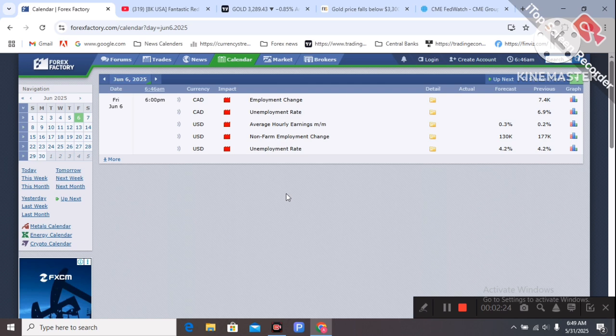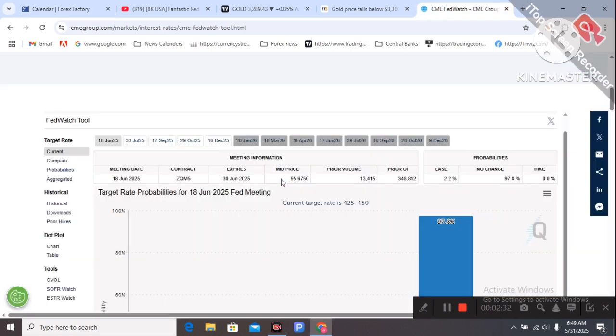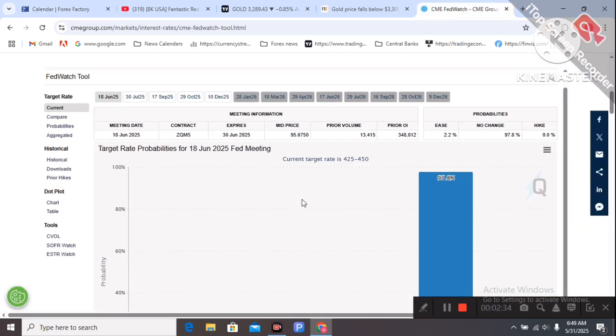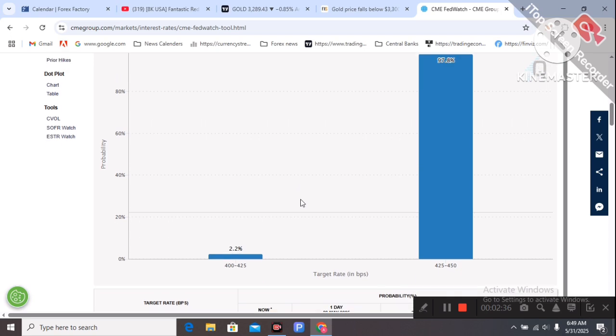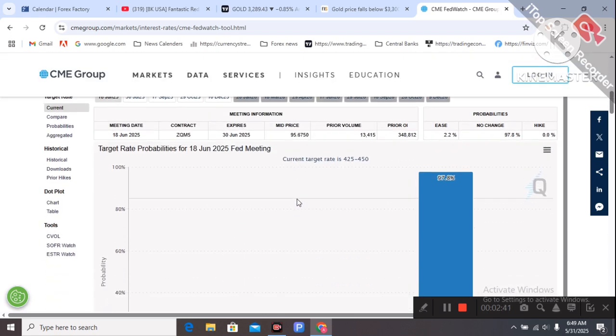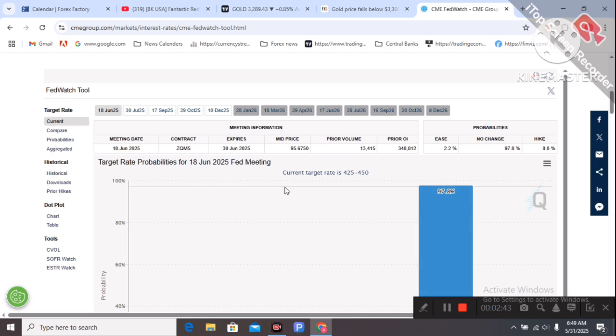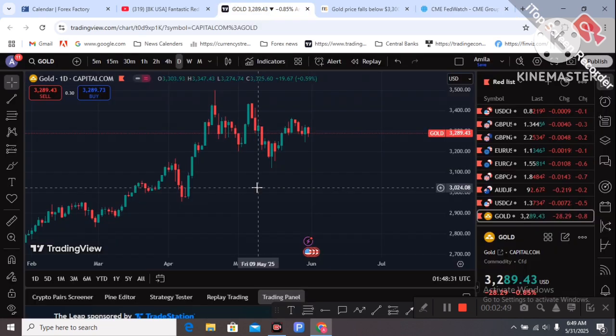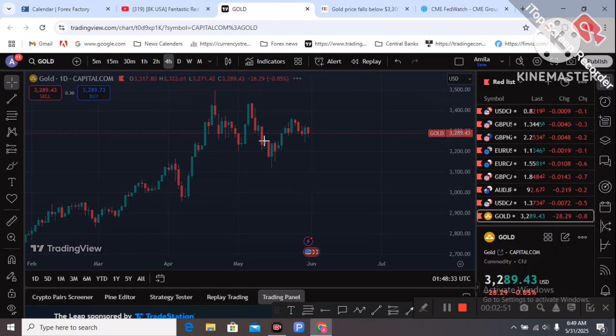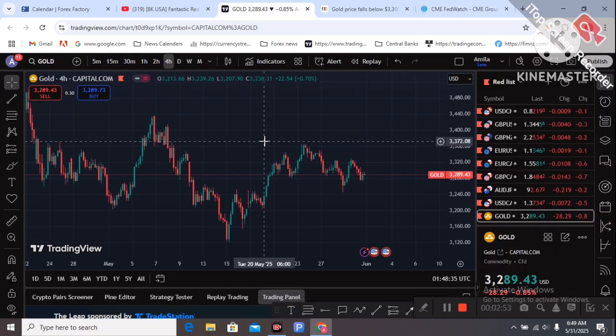The previous reading was 177k, the forecast is 130k, and the unemployment rate is 4.2%. Those are the important economic events next Friday. The Fed Watch Tool website shows the June FOMC meeting with a 97% forecast to hold the rate again at 4.5%. The current rate of the American central bank is 4.5%. That's the labor market next week.